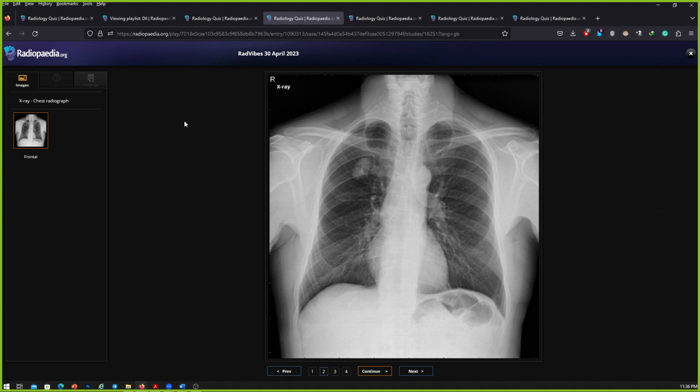Okay, so based on this appearance, my first differential will be maybe it's a pulmonary hematoma because it's a very well-defined lesion. However, I will correlate my findings with the previous chest X-ray and also inquire what was the presenting complaint of the patient for which the X-ray was performed, because the other possible differential could be a malignancy as well. Okay, you just said that you would correlate this with the chest X-ray. Which chest X-ray?